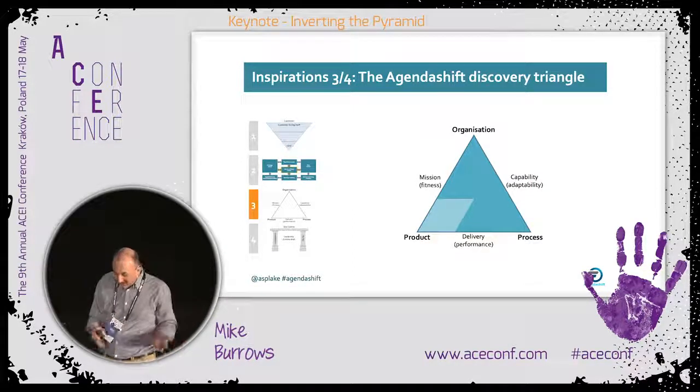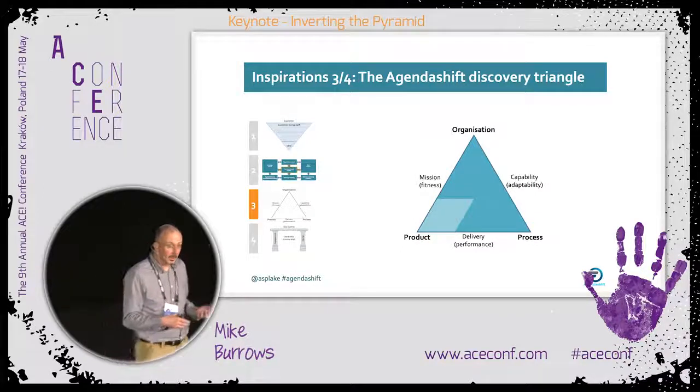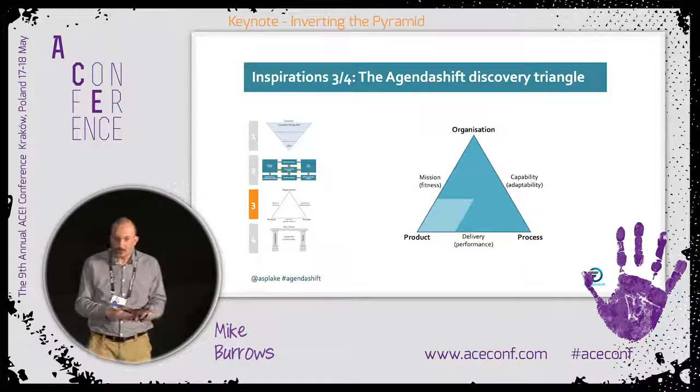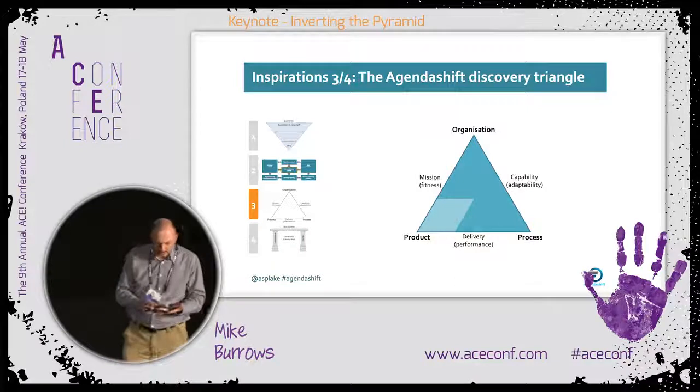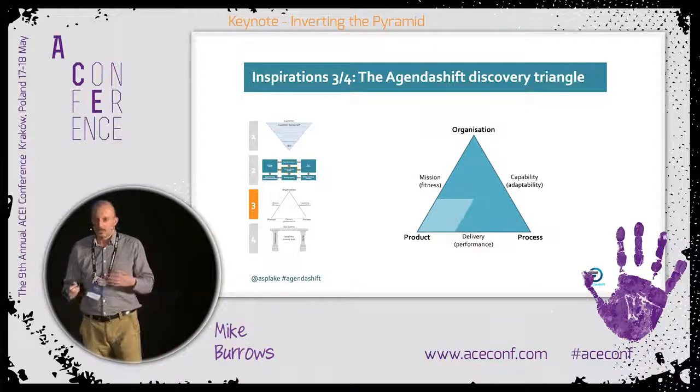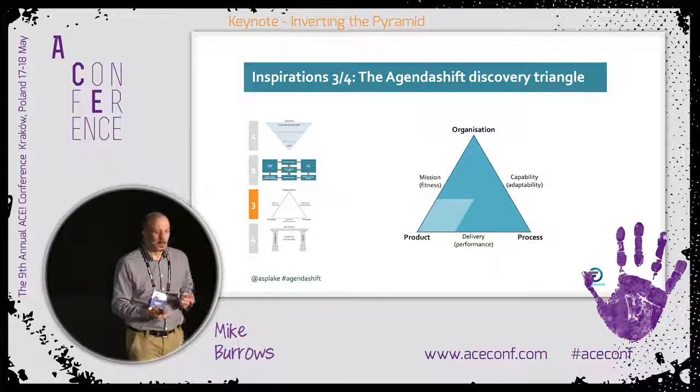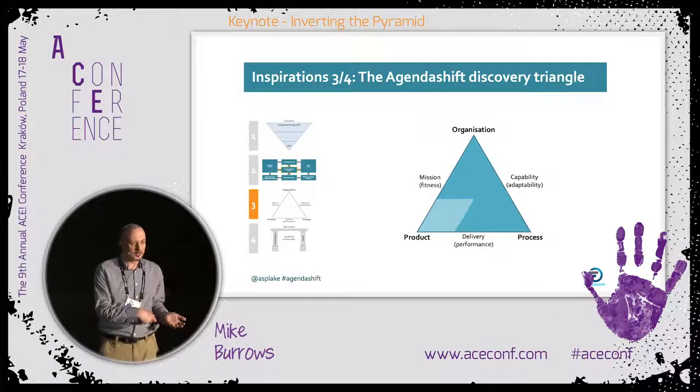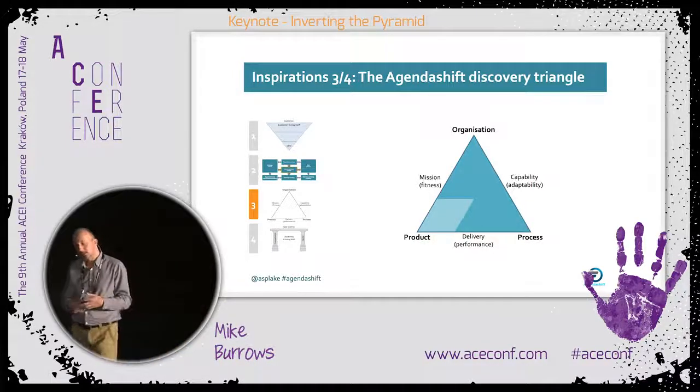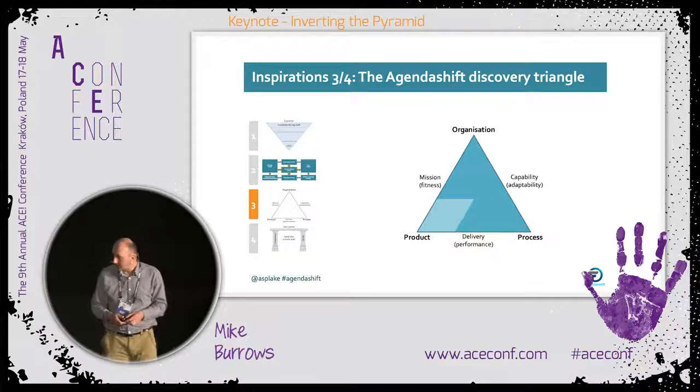Agile has also moved to the left into the product space. So thinking about tools like story mapping, which I think are fantastic, impact mapping. So different ways of understanding how the users of our digital products and other products will interact with our systems.